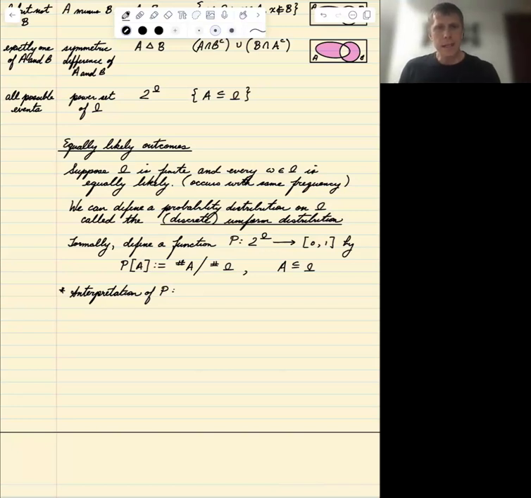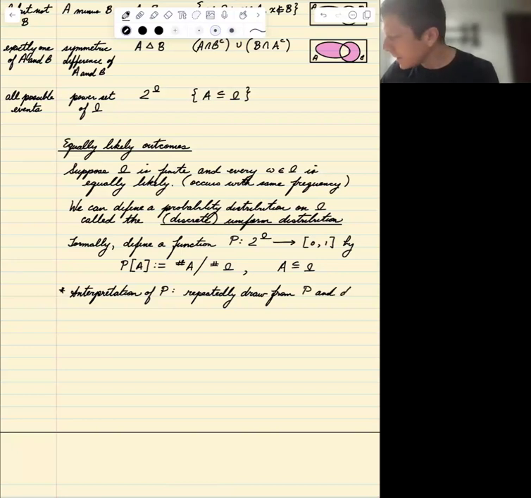Think about it as repeatedly running some process, and let's suppose that process is described by P. So we repeatedly draw from P and let's define, after we've drawn n times, something called f sub n.